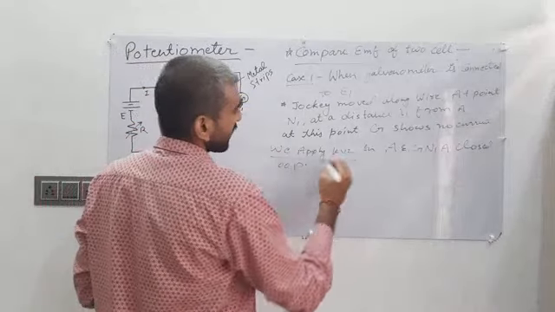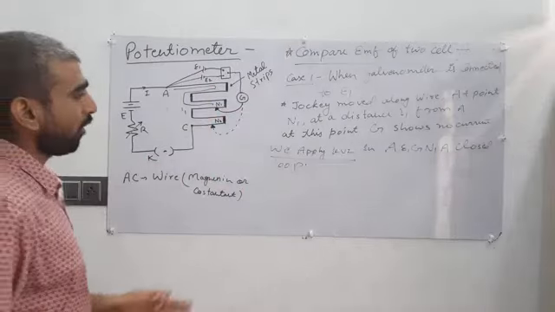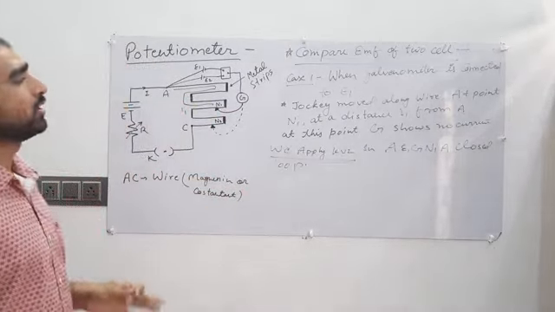KVL says the algebraic sum of all voltage drops in a closed loop will be 0.